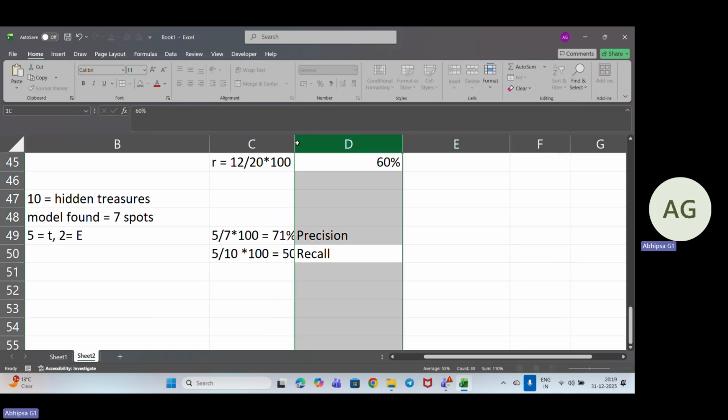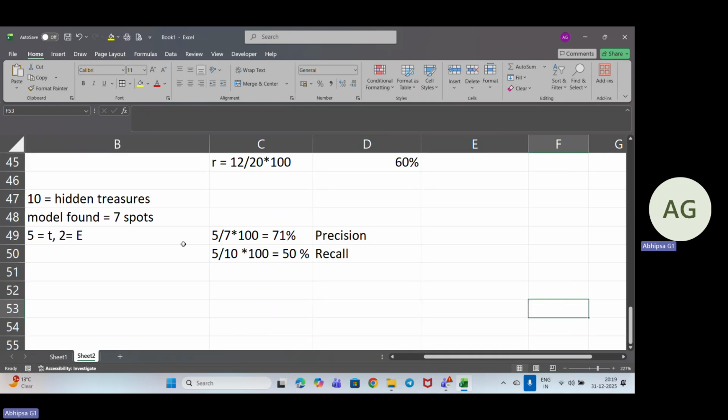Now you can understand how the data we are taking in works. The major difference between precision and recall is that precision is: of all yes guesses by the model, how many were correct? And recall is: of all the real yes items, how many did the model find? That is the major difference.